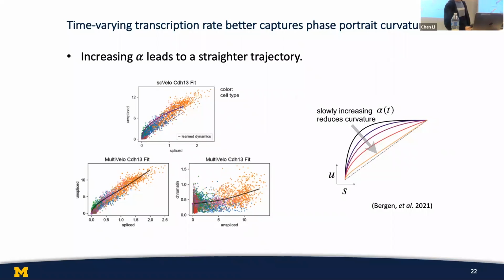For scVelo, the RNA-only result has a very large curvature that is not fitting the data well. But if we include the chromatin as well, in the MultiVelo result, the trajectory is fitting the cells very well in both the RNA phase portrait as well as the chromatin versus unspliced phase portrait. In the chromatin versus unspliced phase portrait, we see that the chromatin increases.